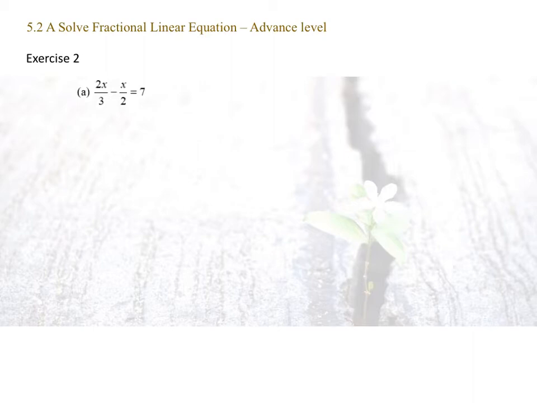Exercise 2. Solve the following equation. Now, what is the skill that we're going to use here in this part of the chapter? We will learn to express the two fractions as one single fraction. So we need to make the denominators the same. What is the LCM in this case?